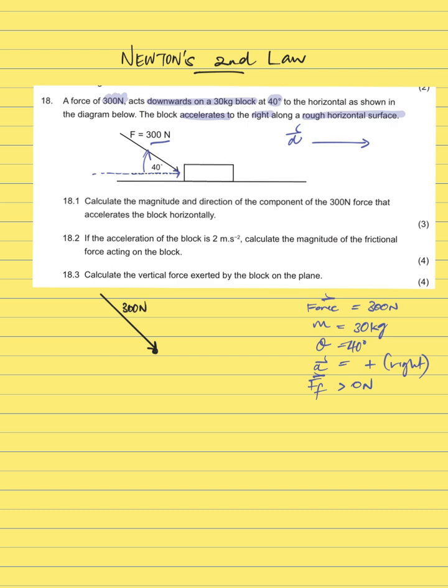At the exact same time, I have other forces that are also contributing. This object is on a surface, and if an object is on a surface, then I know that I'm going to have a downward force there of mg.